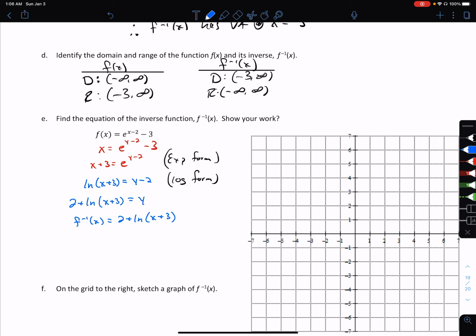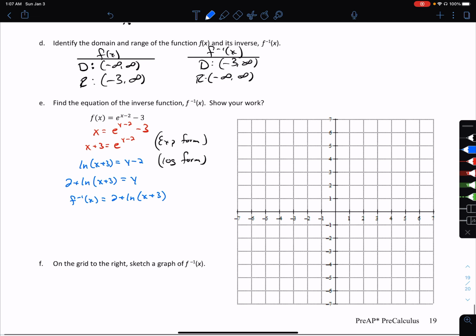On the grid to the right, sketch this graph. Now, we know that we have a vertical asymptote at x equals -3. That's something that we wrote down earlier. The starting point for an exponential graph is at (0, 1).